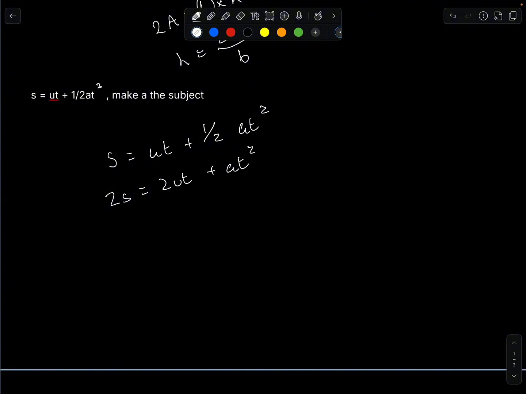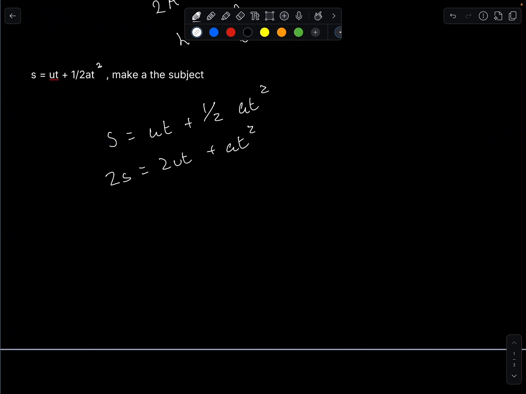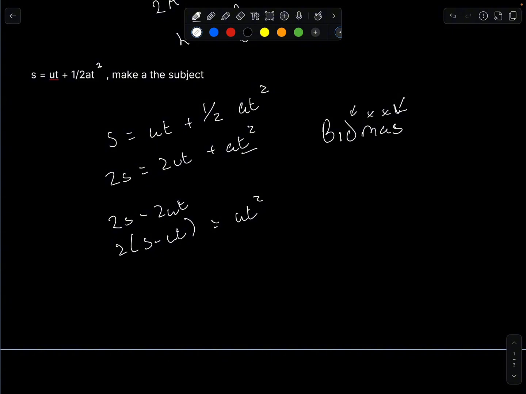at squared. Now, this is where we use our reverse business. The first thing I'm going to do is take away. So 2s minus 2ut. Now this can be written as 2 times s minus ut. Your call, doesn't matter too much. Equals at squared. Now we don't need to do any addition, don't need to do any multiplication. We just need to do division. So that's what we do next.